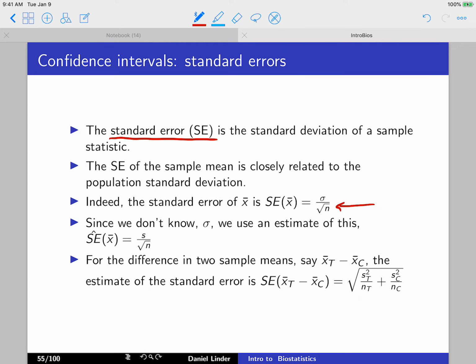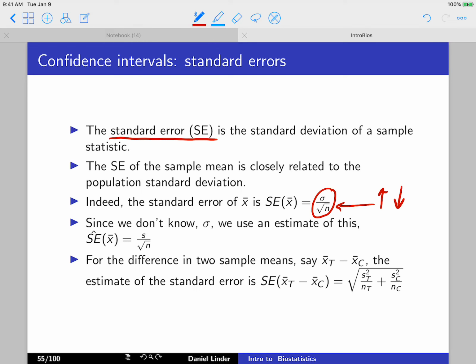And you'll notice what happens here in this formula. So what happens if you increase your sample size n? Well, this denominator gets larger, and the overall quantity gets smaller. So as you increase your sample size, you can see from this formula that your standard error in the mean decreases. So if you were able to take an infinite number of samples, then essentially your standard error for your mean would go to 0.